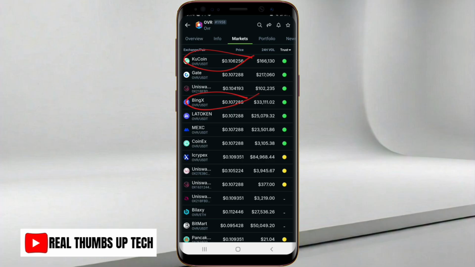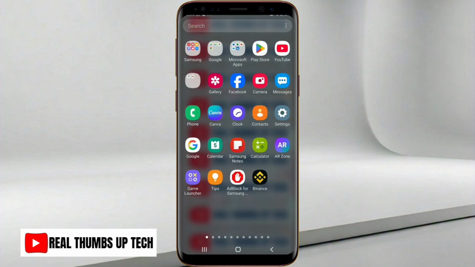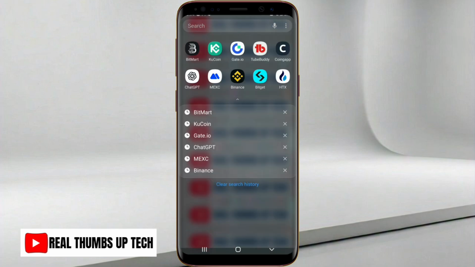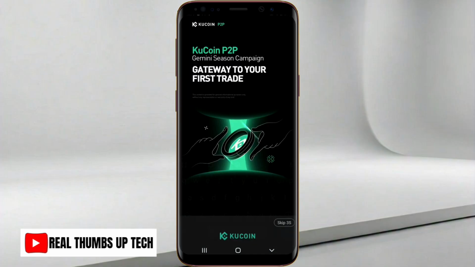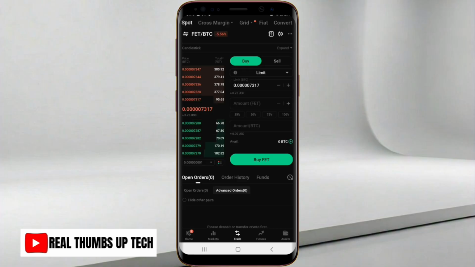Then if it doesn't work, maybe we can check another exchange for that. We actually have many other ones. So let me go and try out KuCoin and BingX and see if the arbitrage opportunity still exists. I open KuCoin. Okay, so this is KuCoin.